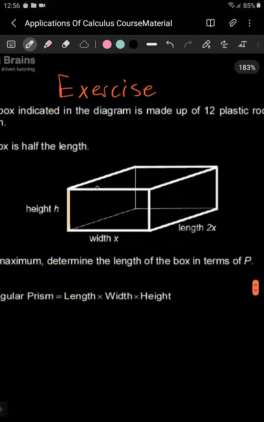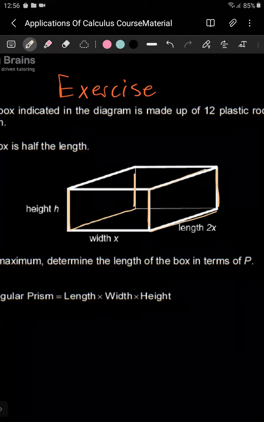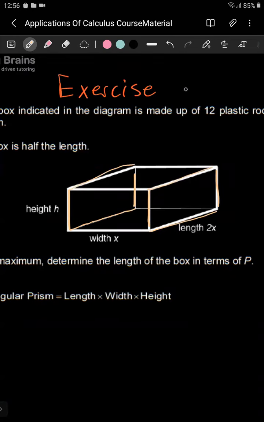You see, 1, 2, 3, 4, 5, 6, 7, 8, 9, 10, 11, 12. So they're referring to those plastic rods.